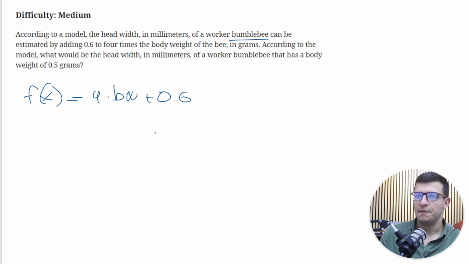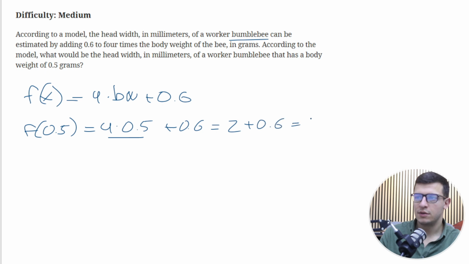According to the model, what would be the head width in millimeters of a worker bumblebee that has a body weight of 0.5? Now, very easy question. You might say, why is that under medium? But probably because you have to actually figure out the equation from the words, which some people find difficult. So, 4 times 0.5 is 2, plus 0.6, that's going to be 2.6.